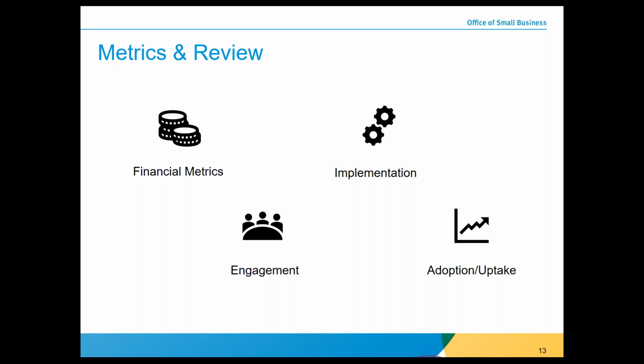The next segment of metrics is implementation, which is obviously a measure of the efficiency of your innovation program or the effectiveness of the stage gate process that you adopt for evaluating your ideas. So, for example, you might look at how many ideas you identify versus how many actually get implemented.